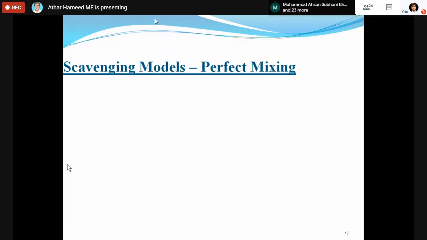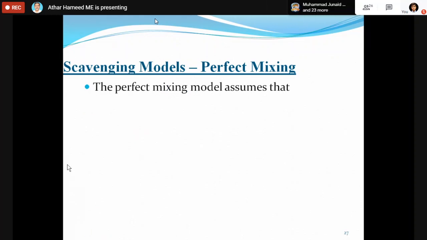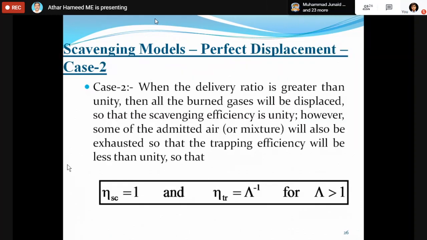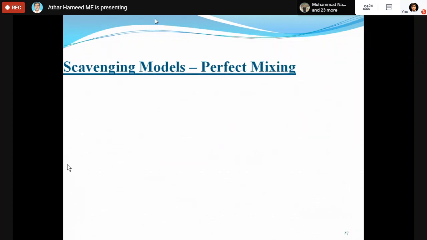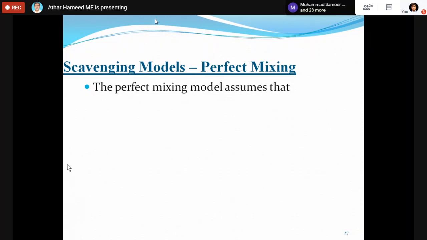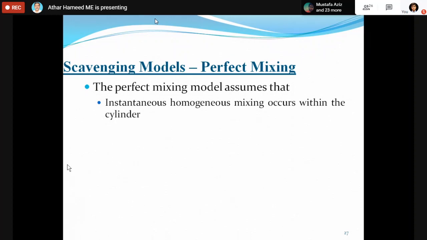Now, in the scavenging model, the perfect mixing case. This is the perfect mixing model. This model assumes that all the fresh charge is mixed with the previous charge, and instantaneous homogeneous mixing occurs within the cylinder.